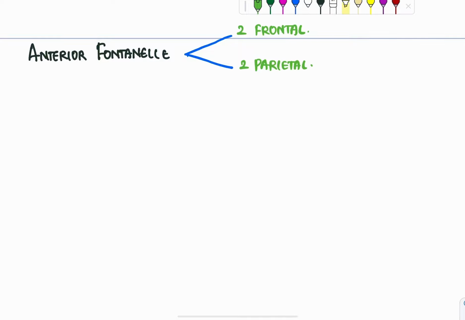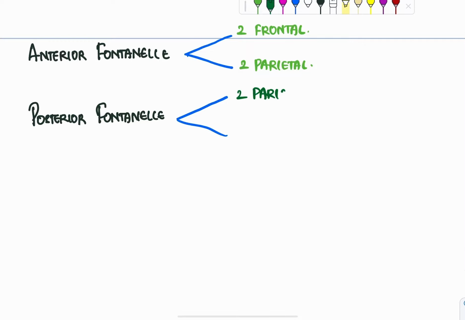Two frontal and two parietal form the anterior fontanelle. Next we have got the posterior fontanelle. Right? So posterior fontanelle is formed by again two bones. What are those two bones, guys? We have got two parietal bones and one occipital bone. Two parietal as well as one occipital bone.